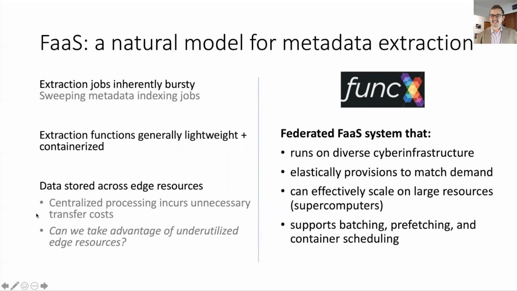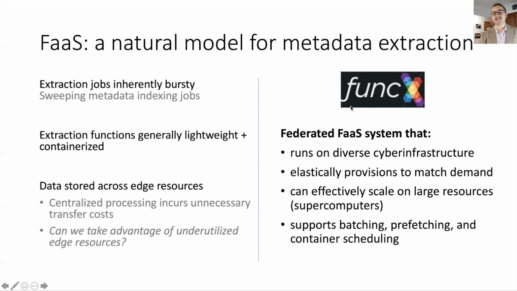And these data are oftentimes stored across edge resources, especially in the case of IoT or a multi-cloud system, in which centralized processing incurs unnecessary transfer costs, right? You can dominate your entire extraction time by transfer alone. And in the case where we do have other edge resources that we're not using, could we utilize them in such a way to make the overall extraction faster or of higher throughput?